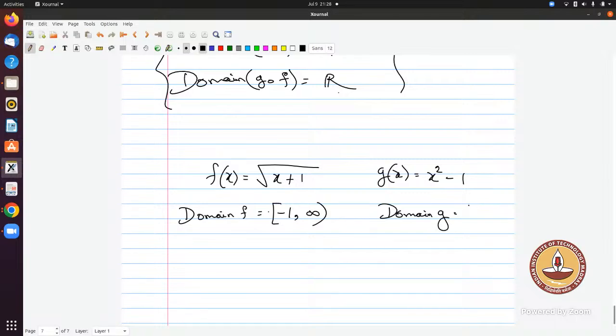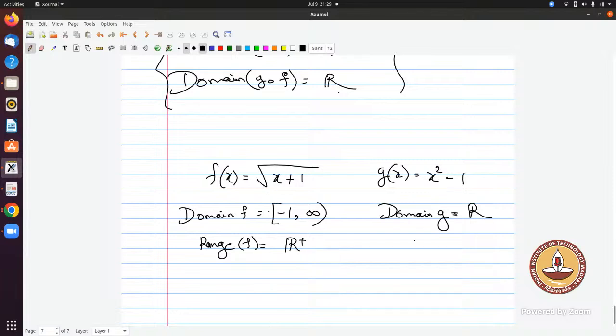R. Yeah, every real number will be taken as input. Okay, fine. And what is the range of f? 0 to infinity. So only positive, right? R plus. Correct, because all the positive numbers will come.